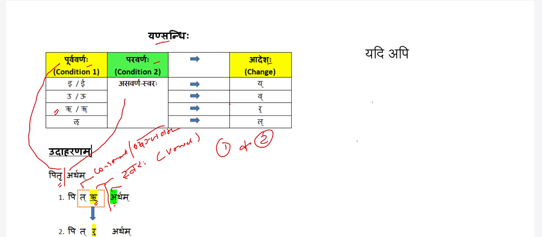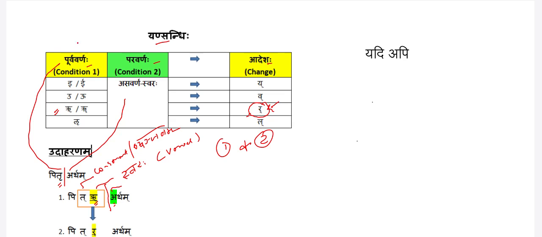So let's see what is given in the Adeshaka column for the corresponding conditions. Which is given as Repaha. So it means that the change which takes place is Repaha. This is the replacement letter. Which letter will get replaced with Repaha is what we should know.